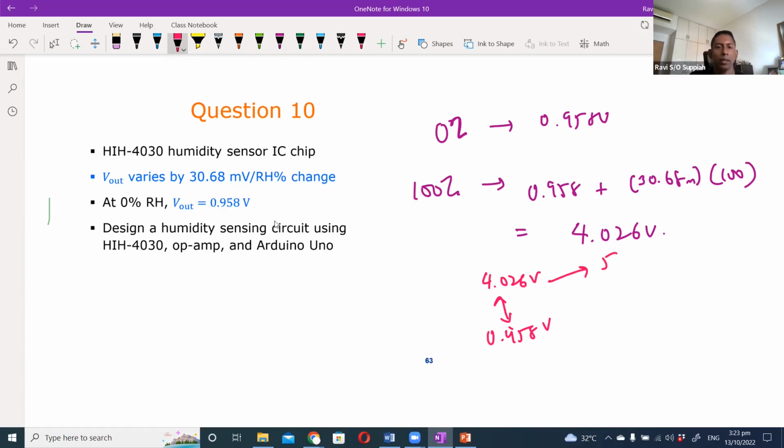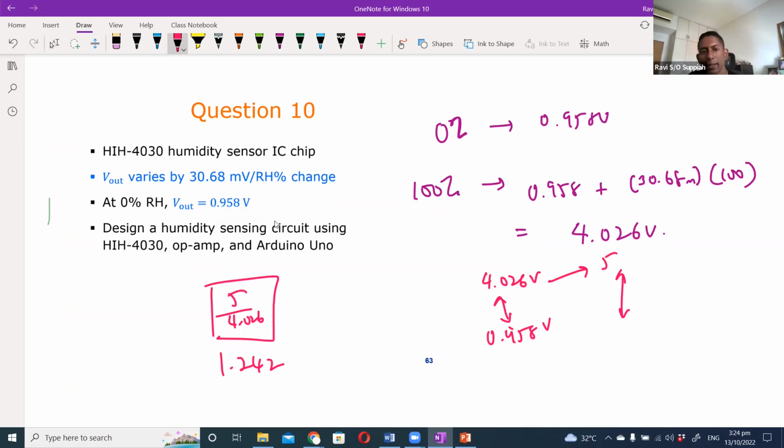So the gain that I need will be 5 over 4.026, which is 1.242. That will allow my input signal to stretch all the way to 5, and the lower end also will stretch a bit, but the overall range will be higher than what you originally had.